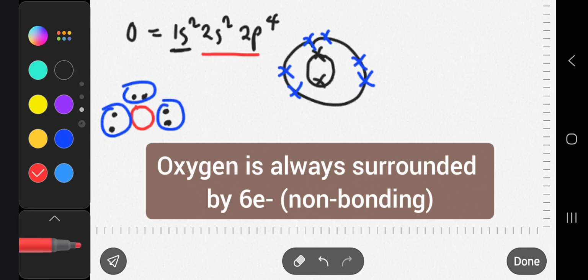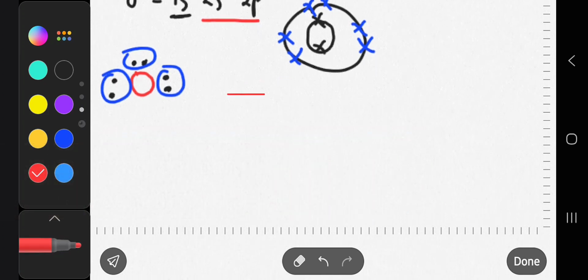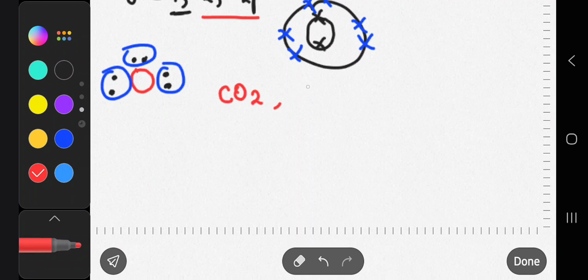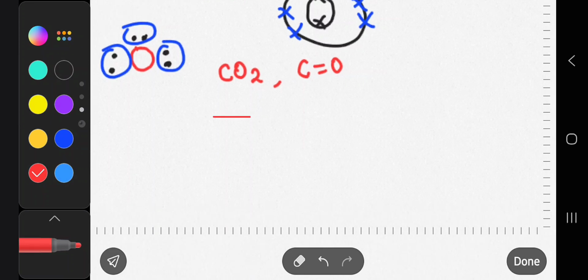Okay, so with that being said, if you look at the compound CO2, or the carbonyl group, how do you represent this correctly? Now oxygen is surrounded by 6, so I'm going to have 1, 2, 3, 4, 5, 6.